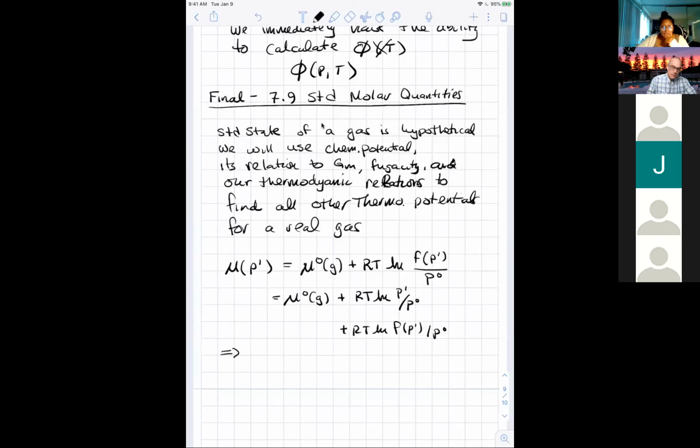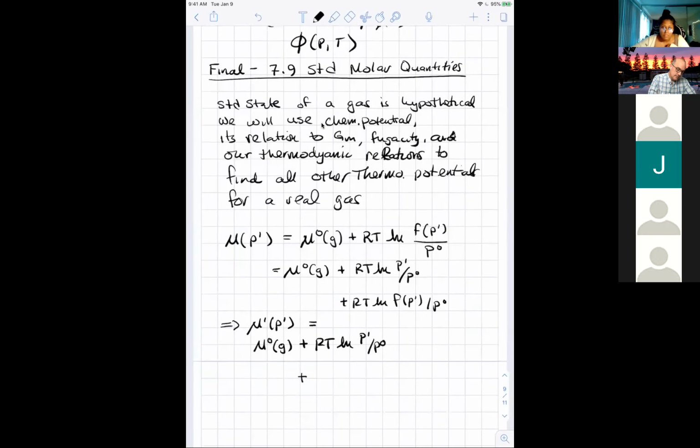Okay, so now what we can do is substitute our expression in for the fugacity, right? So in other words, we get this new chemical potential, or this chemical potential of interest, let's say, is the standard chemical potential in the gas phase.